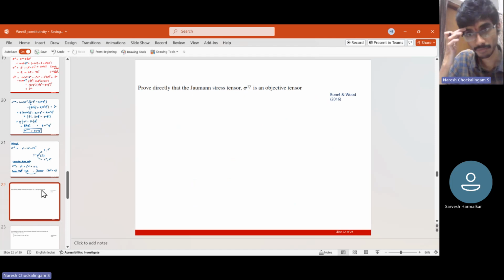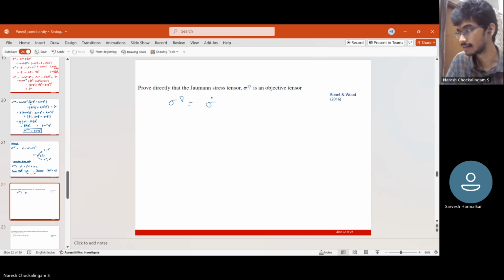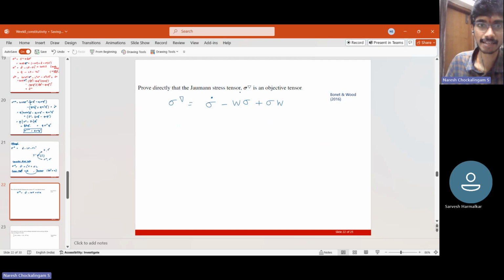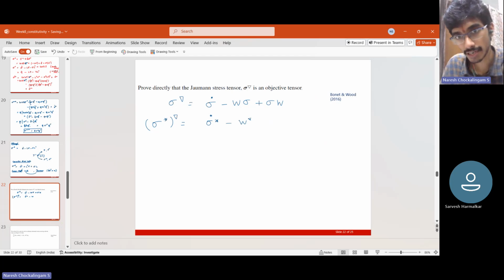Here is a problem from Bonet and Wood. The Yaumann stress rate is defined as sigma dot minus W sigma plus sigma W. Prove directly that the Yaumann stress rate is an objective tensor. Look at the Yaumann rate of sigma star, which is nothing but sigma star dot minus W star sigma star plus sigma star W star.